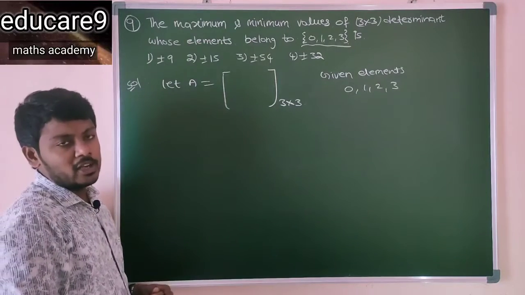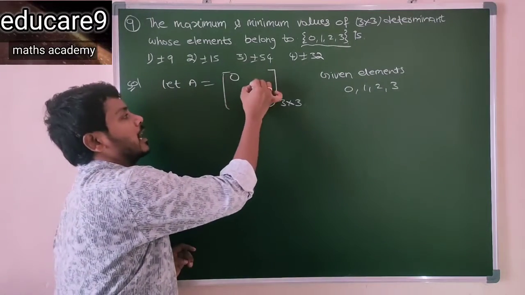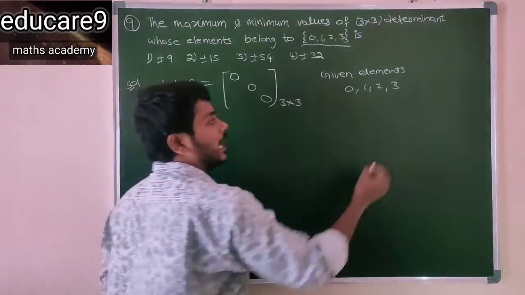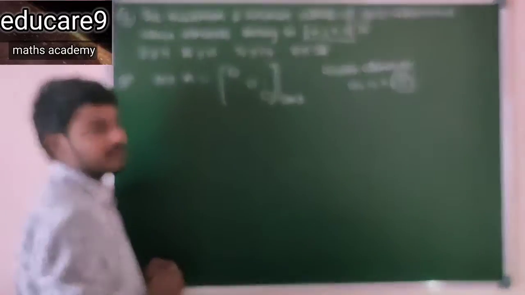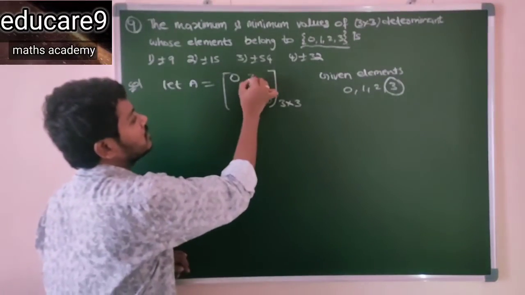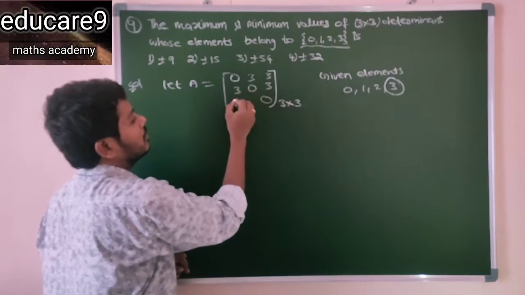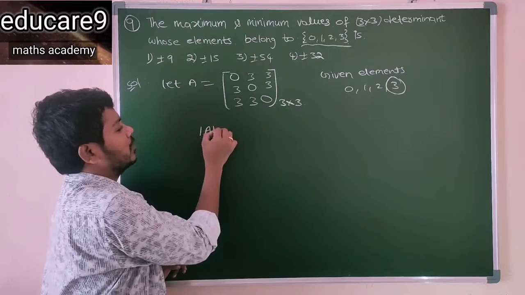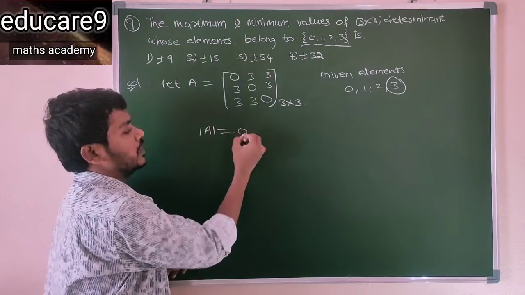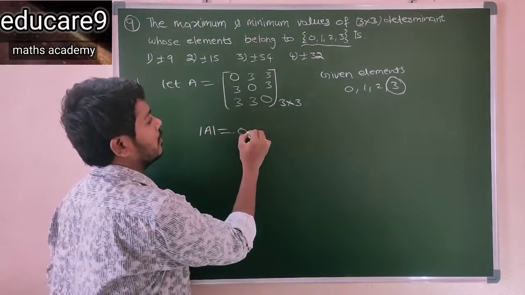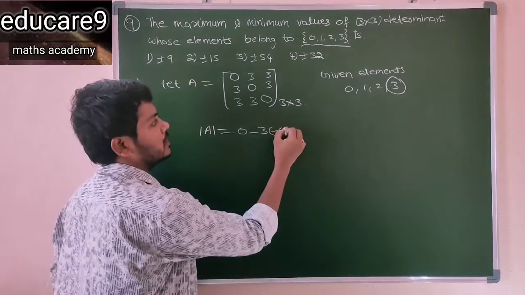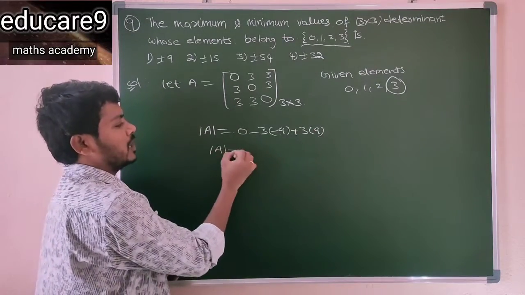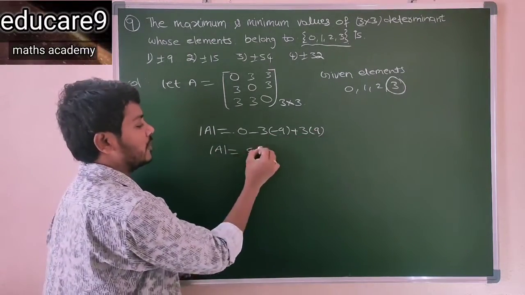So for the maximum value, we have to write the diagonal elements as 0 and the non-diagonal elements as the maximum number. So what is the maximum number? 3 only. So write here 3. Find this determinant. So determinant of A is equal to 0, next minus 3 into minus 9 plus 3 into 9. So clearly determinant of A is what? 27 plus 27, 54.